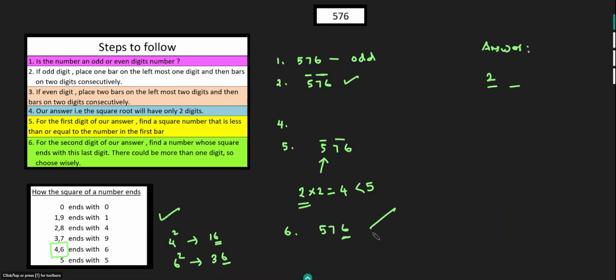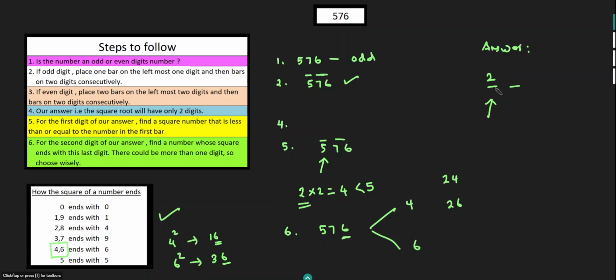So now we have to decide whether it is 4 or 6. And for this, we go to our answer. Clearly, the first digit of our answer is 2. So either the number could be 24 or it could be 26. But how do we decide whether it is 24 or 26?